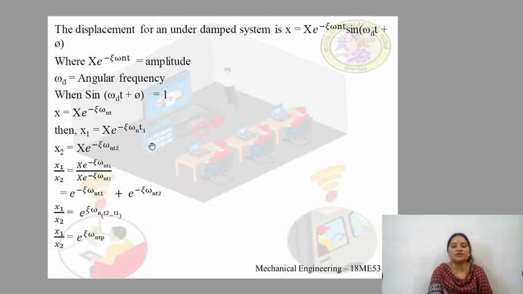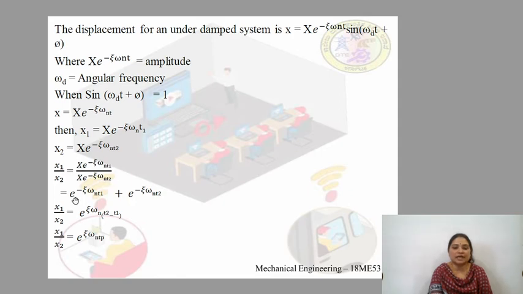According to the definition of logarithmic decrement, we can write it as the ratio of any two successive amplitudes. So we will take here x1 and x2 as the ratio of two amplitudes, which equals X e to the power of minus zeta omega n t1 divided by X e to the power of minus zeta omega n t2.